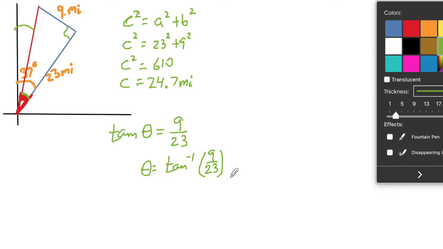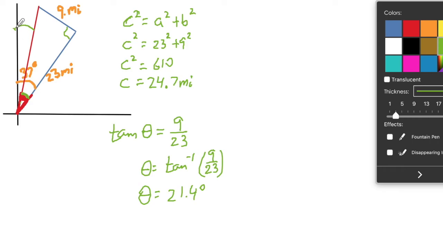It's not. All right, so we're going to go tan inverse of 9 divided by 23, which is 21.4 degrees. So the angle inside the triangle is 21.4 degrees. That's the measure of this little angle.